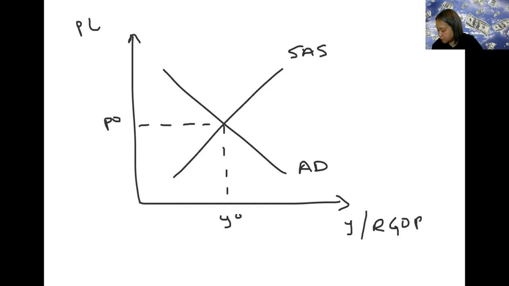Now, our long run supply curve dictates where the economy should be producing. If our long run supply curve sits to the right of our short run equilibrium, this would be our recessionary gap, because the economy should be producing Y star, but instead it's producing Y0.